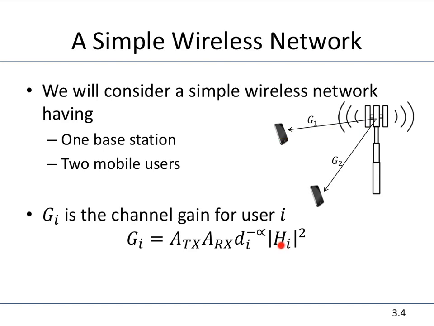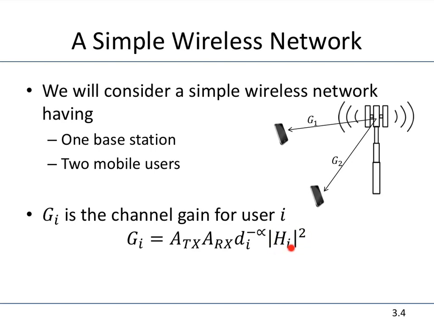This H incorporates two possible components: the path loss, which is dependent on the distance, and possibly fading. Fading is due to the fact that you have different fading characteristics based on the existence of obstacles and so forth. Dr. Muhammad last time also talked about this channel gain H. So H can incorporate the path loss and the fading.